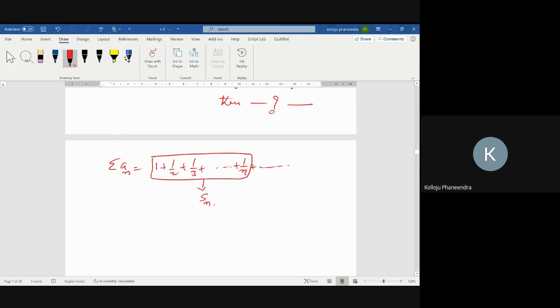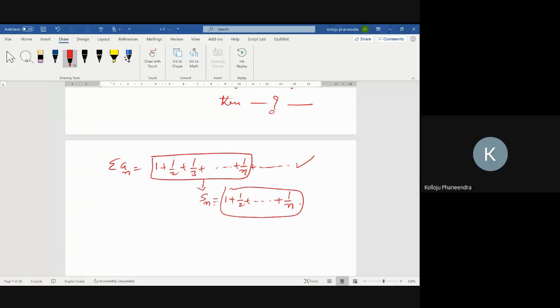Sn stands for the sum of the first n terms. One can say this is 1 plus 1 by 2 plus and so on 1 by n. You can say finite series, right? But the series is infinite, and the sequence of nth partial sum is a finite series, one can say. Clear? And remember, only first n terms. We have to select only first n terms and take the sum. That is called Sn. Okay, sir. Thank you.